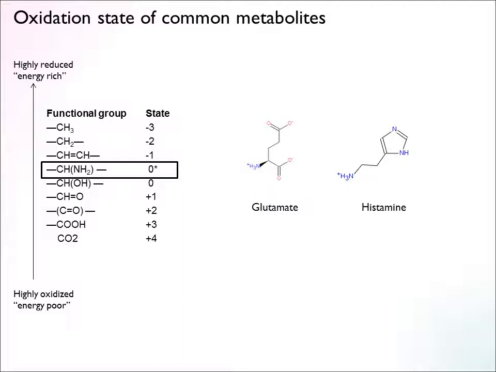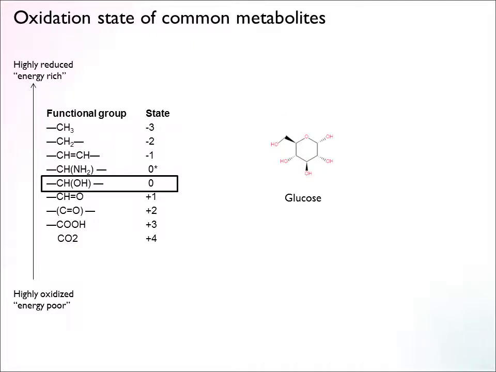This depends on which text you read. Some authors consider these to be identical. But generally, I think it's a bit higher up. But so here you find amines. So you find things like glutamate, which is an amino acid, and of course all the other amino acids have the same groups. There are also other biological amines like histamine, for example, that contain these type of groups.